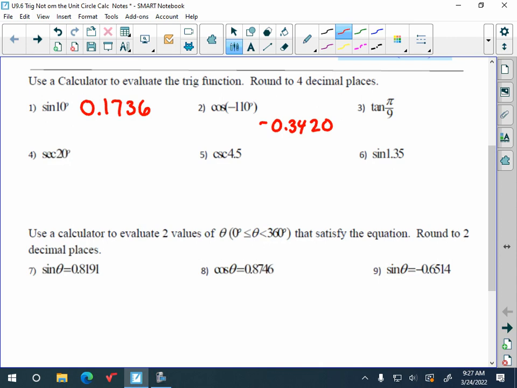We're in radian mode now. All right, so tangent pi over 9 should be 0.3640.